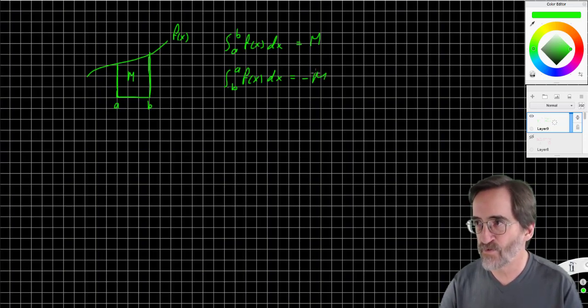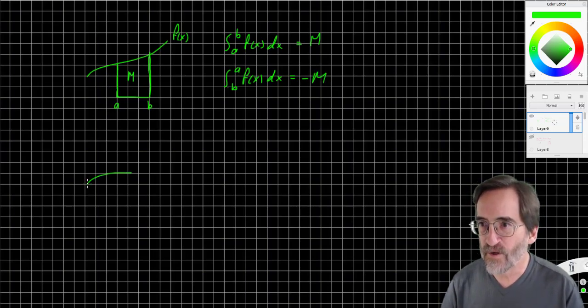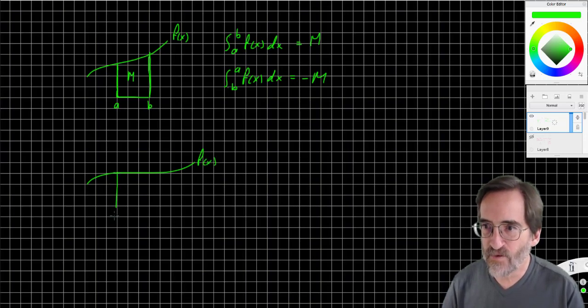Now let me redraw. What if we have a function f of x, and we have some value a and some value b and some value c? Let's say the integral from a to b is m and the integral from b to c is n.